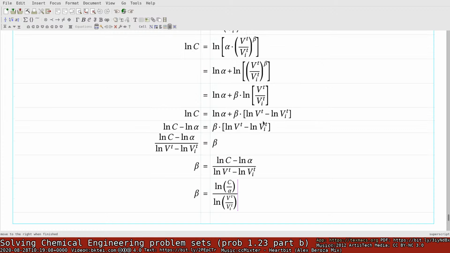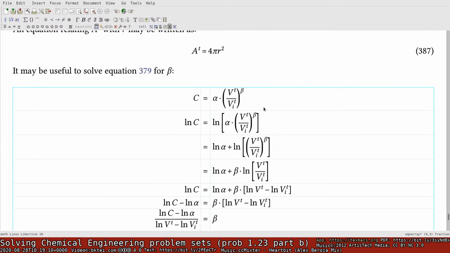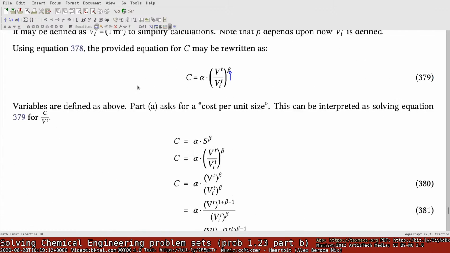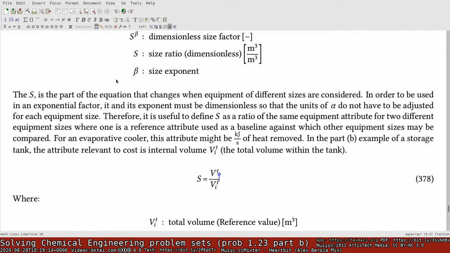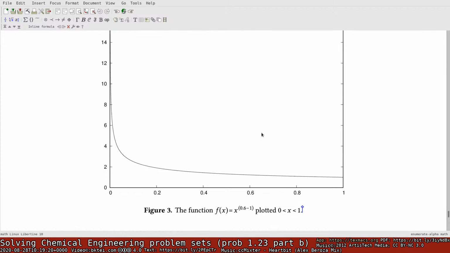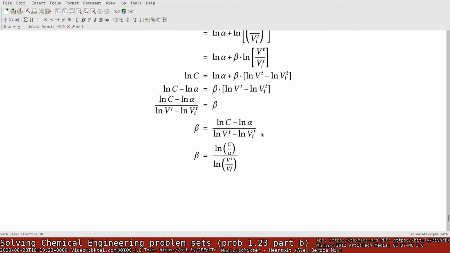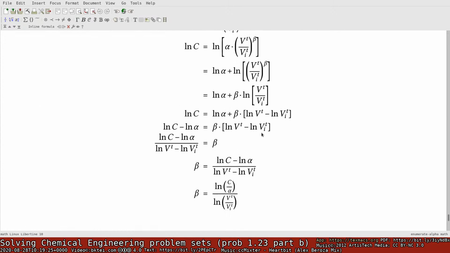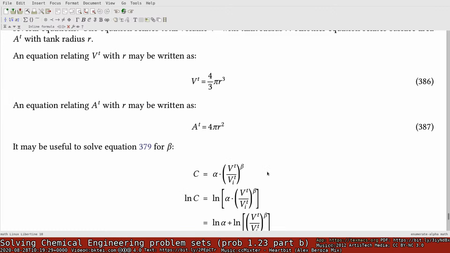I'm not sure it did, because we're trying to prove beta equals 2/3. And surface area is probably involved. I guess the easiest way would be to just come up with two different solutions or a ratio.